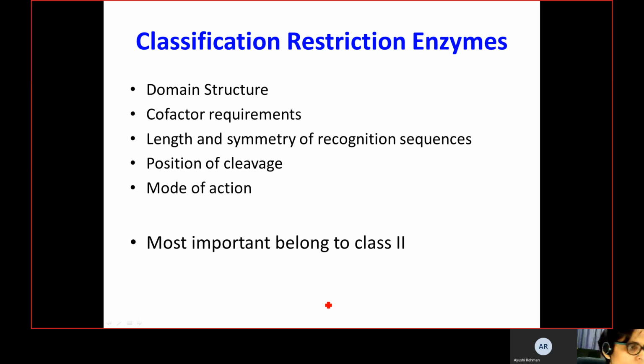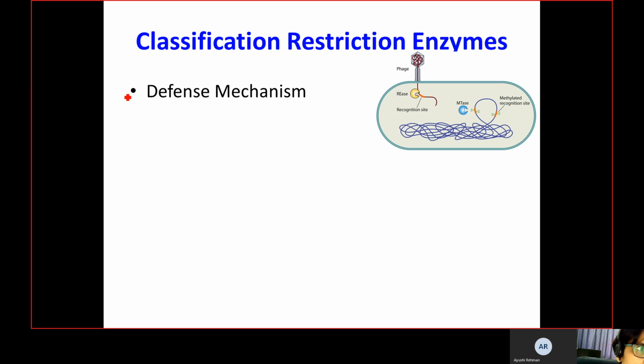Now it is interesting to know that the ubiquity and the variety of type 2 enzymes in different species is thought to come from a common evolutionary need for a strong defense mechanism. For example, here you have a defense mechanism against phage and other invading DNA.